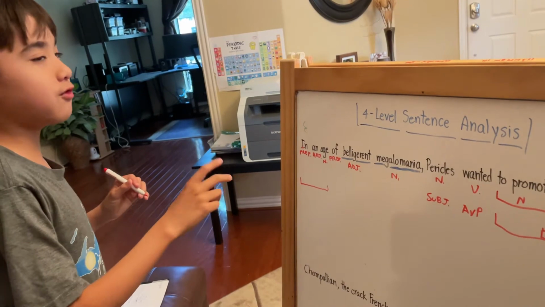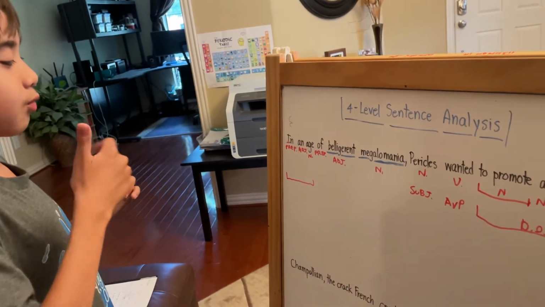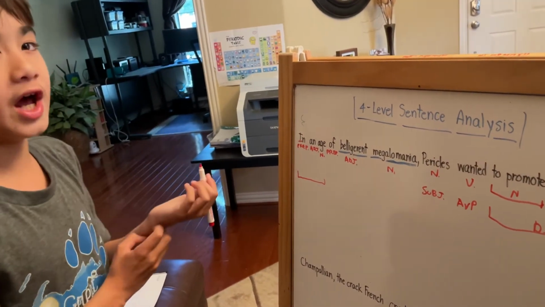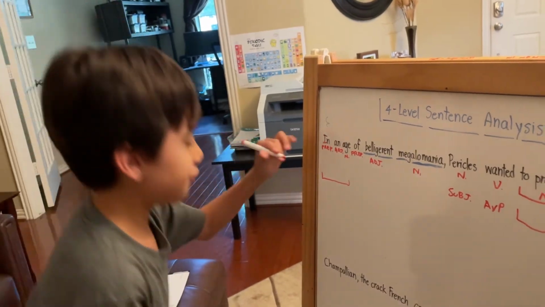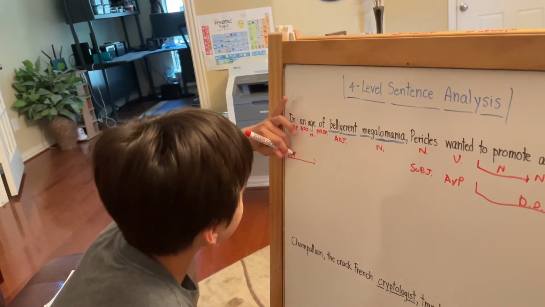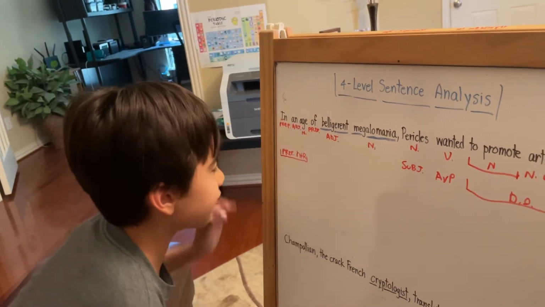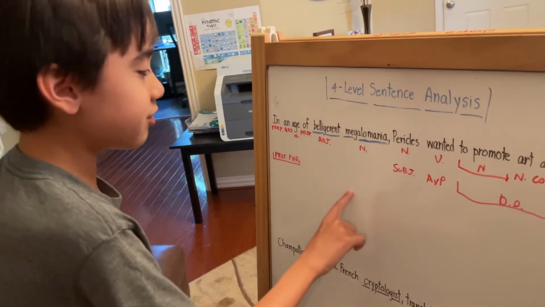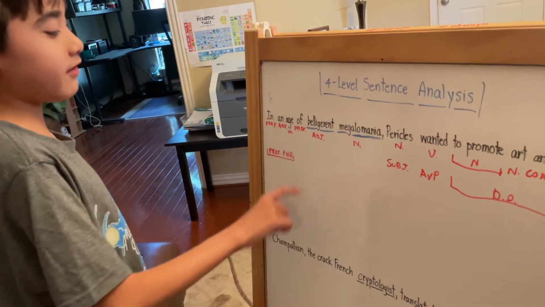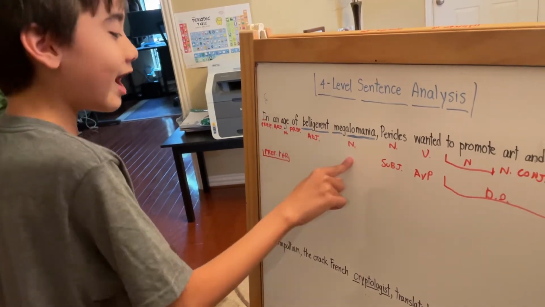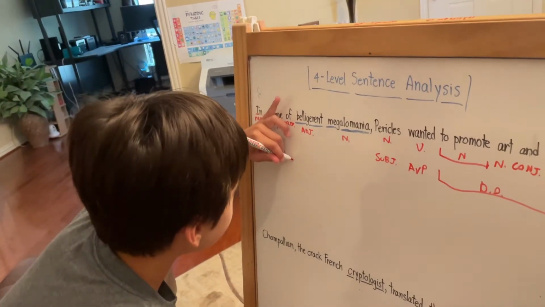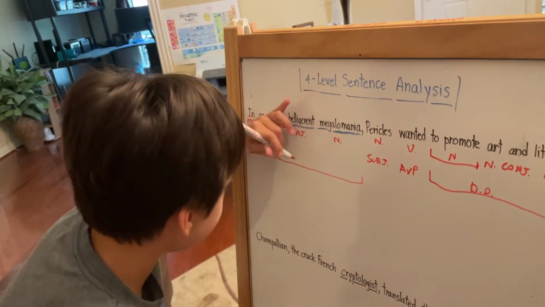A prepositional phrase always consists of one preposition, one or more adjectives, and one noun. So this, in an age, is a prepositional phrase. Okay, we have one more prepositional phrase, of belligerent megalomania, because we have another preposition, adjective, noun set. So that's why this is a prepositional phrase.